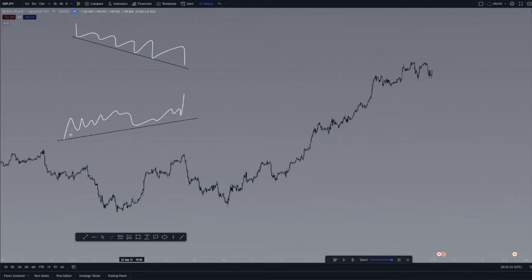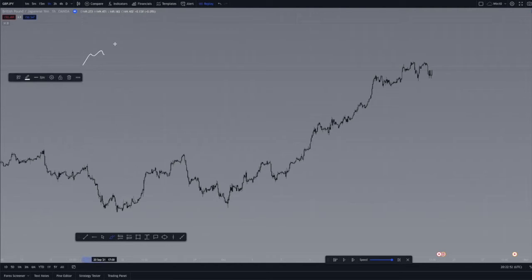So, like I said, this would be an example of bullish divergence, and this would be an example of bearish divergence. Price action is rising. That's ugly, so let me draw a better one.